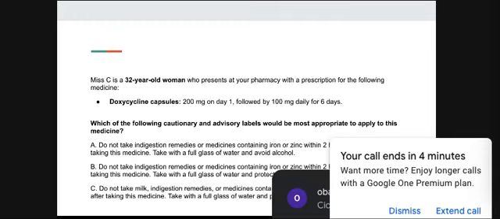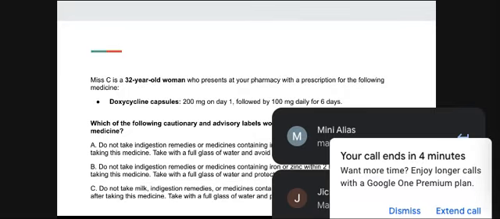What's the very common indication of doxycycline? Where would you see doxycycline used? Malaria, okay. What else? Chlamydia, yes, doxycycline can be used for chlamydia. What respiratory infection comes to mind?